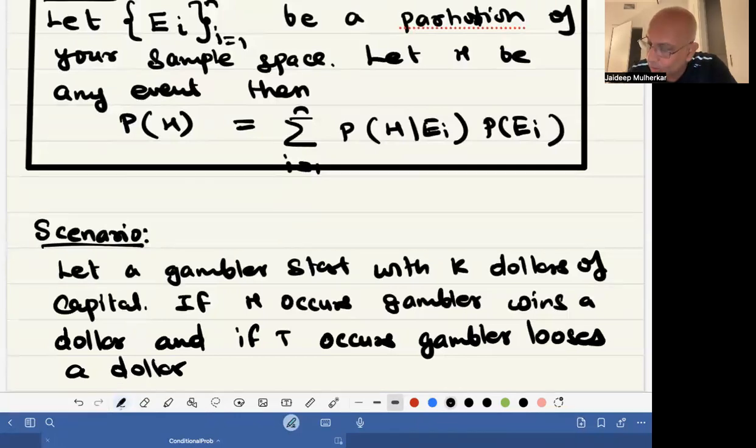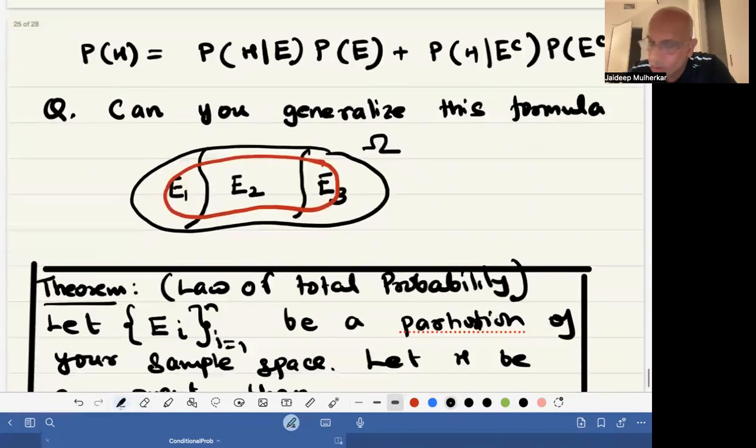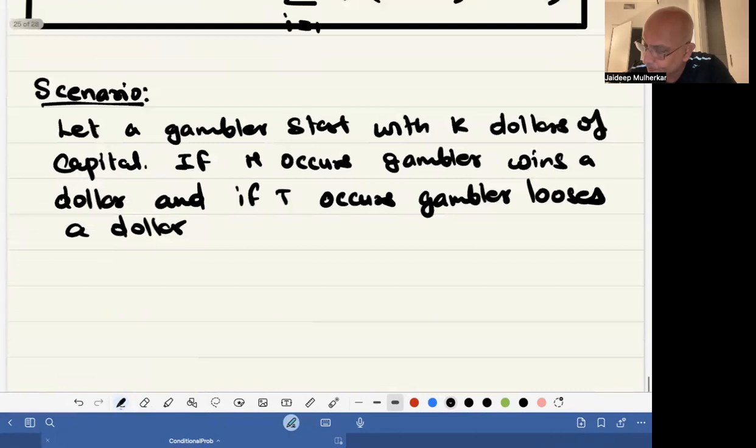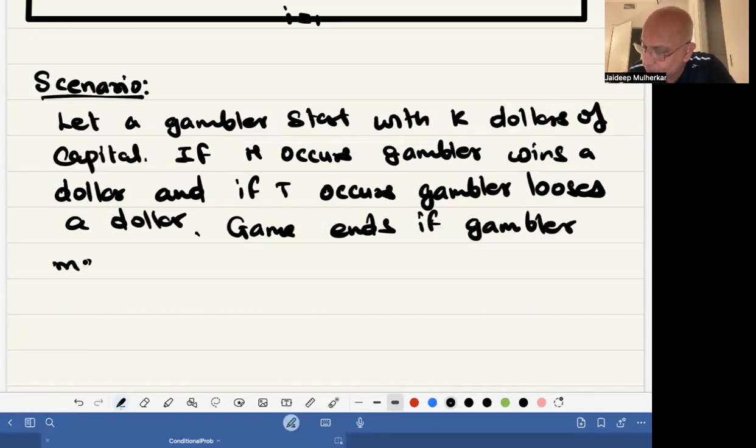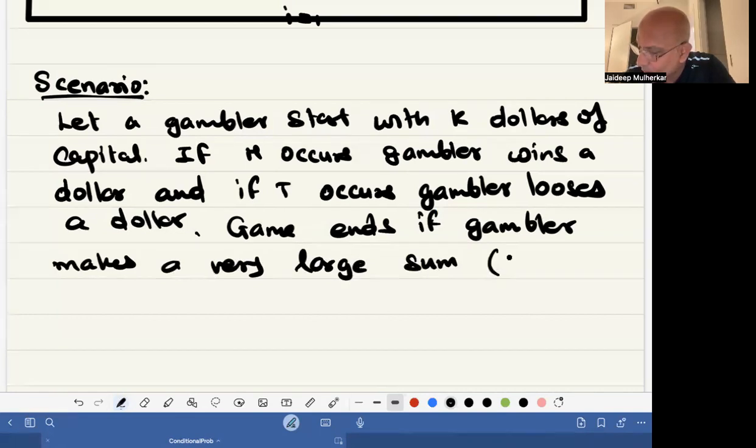And well, the game ends in one of two situations. The game ends if the gambler makes a very large sum, let's say n, very much larger than k, or he gets ruined.